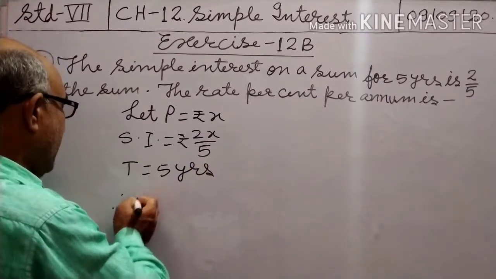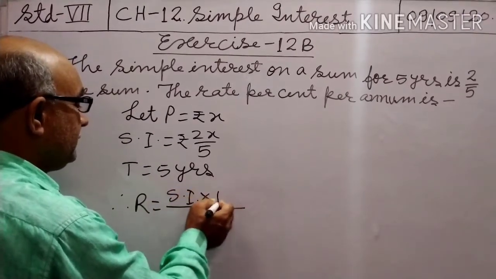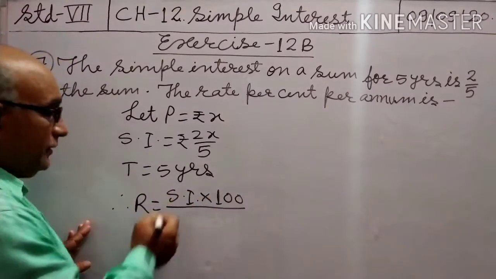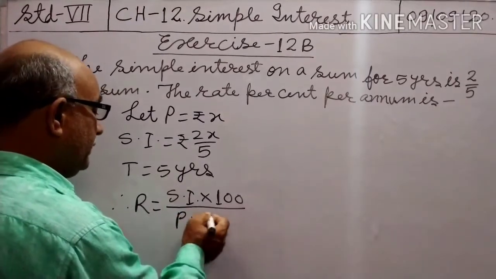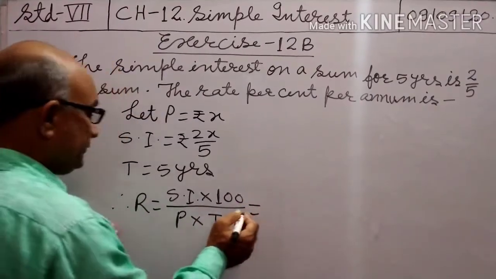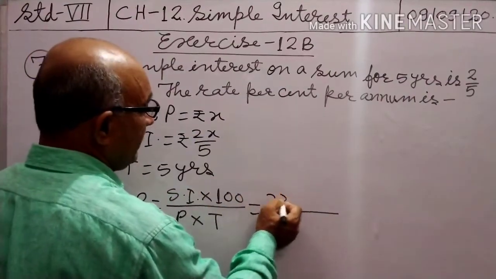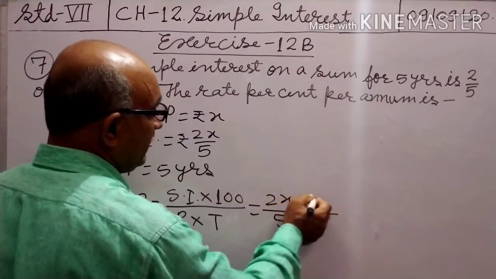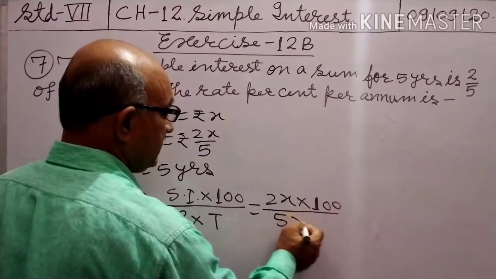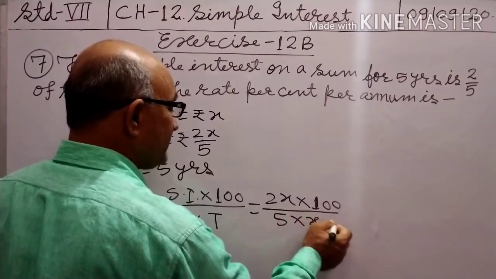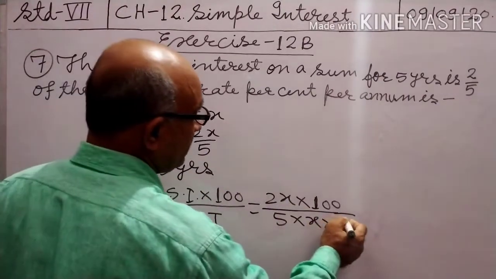So therefore R equal to, formula is SI into 100 by P into T, equal to SI is 2x by 5. So write here 2x by 5 into 100 by P, principal is x, into T, time is 5 years.